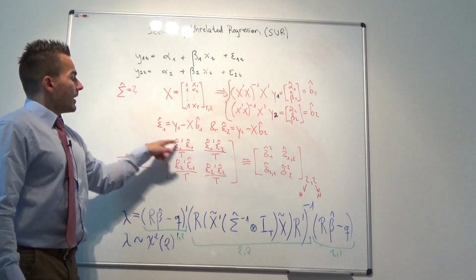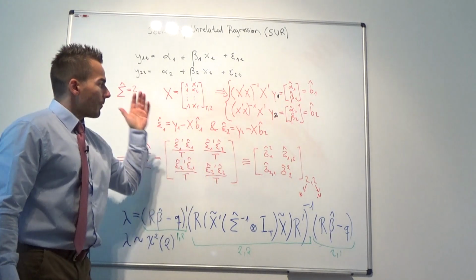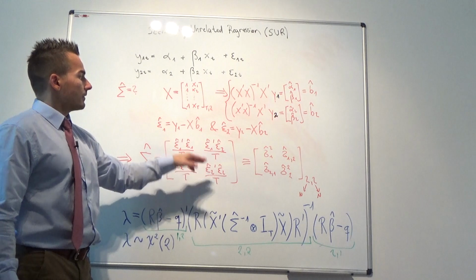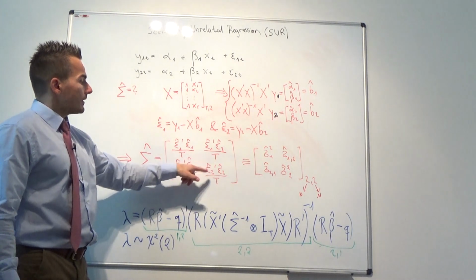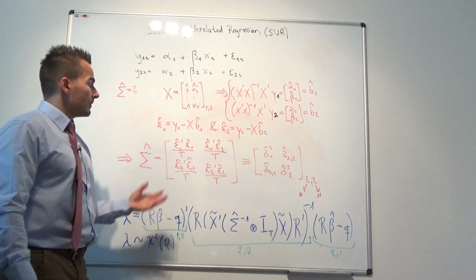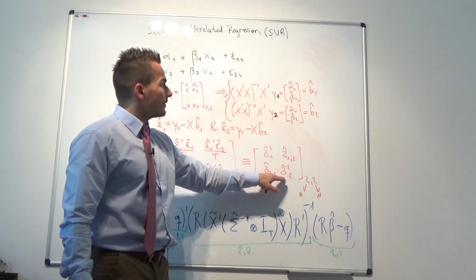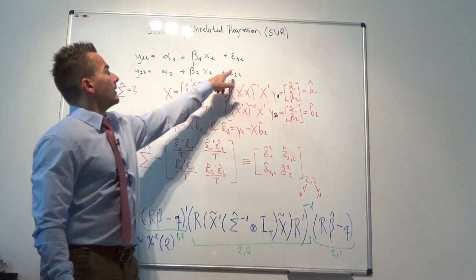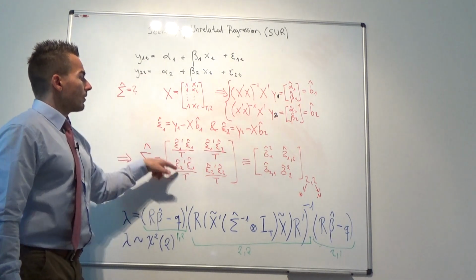The second element on the main diagonal is what? It's the same thing, just we use the residual vector from the second test asset, or from the second equation. It's our epsilon 2 hat transposed times itself divided by the number of time series observations. And that's then the estimated residual variance of the second equation here. And what's above and below the main diagonal?